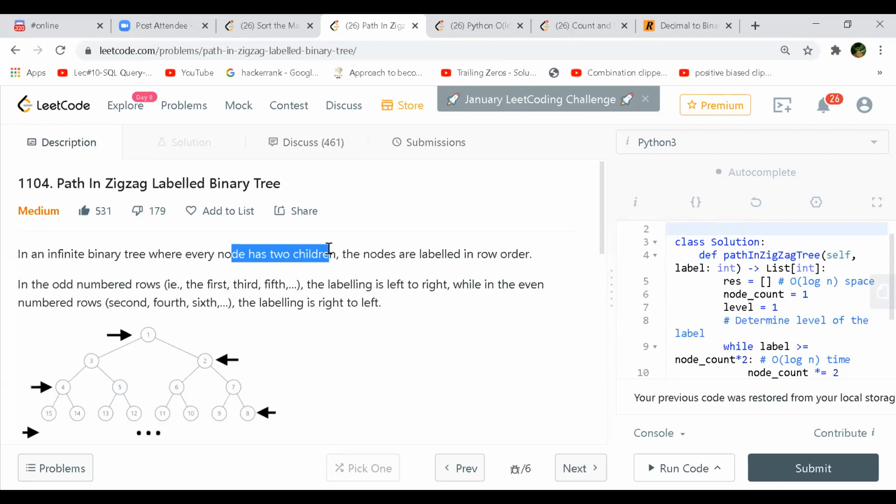If we want to solve it without the swap, we can do that. We will not do the swapping. We will solve for the simple problem where it's 1 2 3, and the next level starts from the opposite position as compared to the 4.